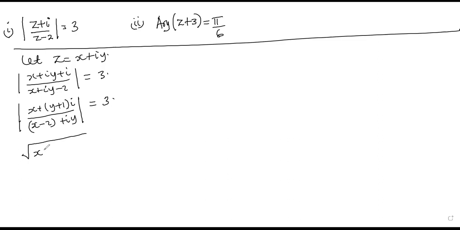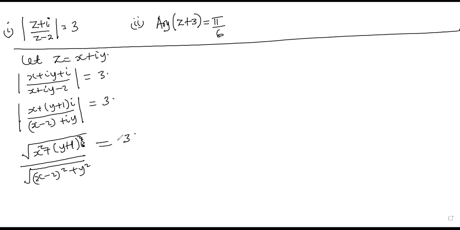You separate the magnitudes, over the square root of x minus 2 squared plus y squared is equal to 3.